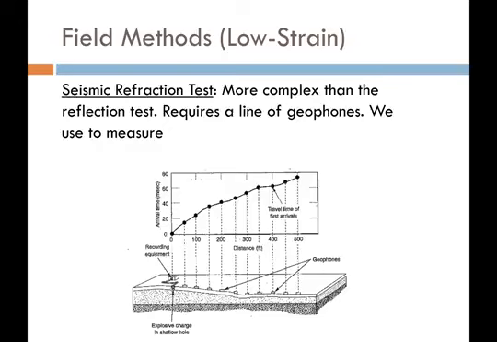So you can see on this plot up here I have arrival time and I have distance from the seismic source. You can see that the further away we are from the seismic source, the longer the arrival time is going to be. And really what we're trying to measure with this type of test is the wave velocity in both the upper layer and the lower layer.